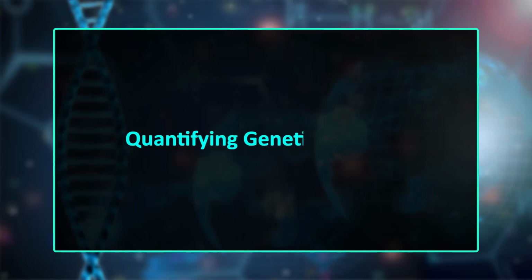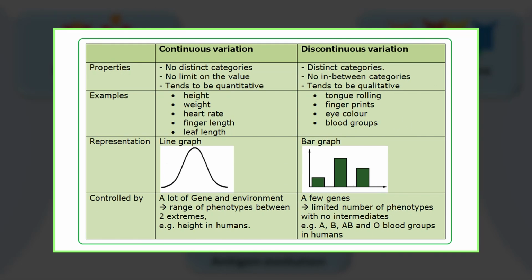Dear students, let's now discuss quantifying the genetic diversity. Genetic diversity is most often characterized using data that depict variation in either discrete allelic states or continuously distributed, that is, quantitative characters, which lead to different possible metrics of genetic diversity.